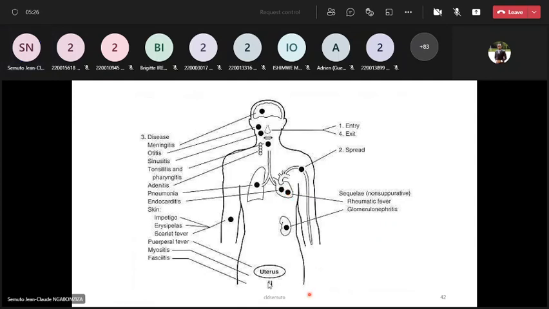So they can cause diverse pathology, as we have seen: pyogenic disease, where you can see meningitis, otitis, sinusitis, and all these other conditions. Some are localized, but some are generalized, like on skin, impetigo, erysipelas, scarlet fever that we see, which is mostly toxin mediated.